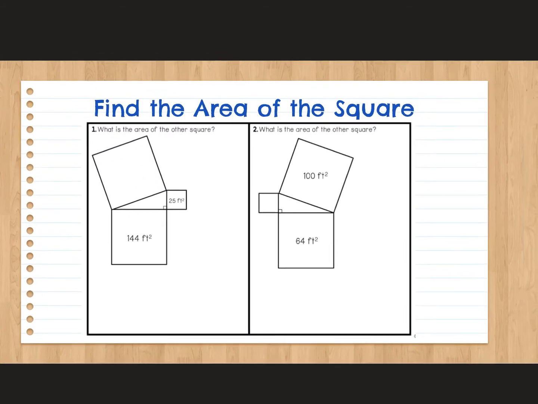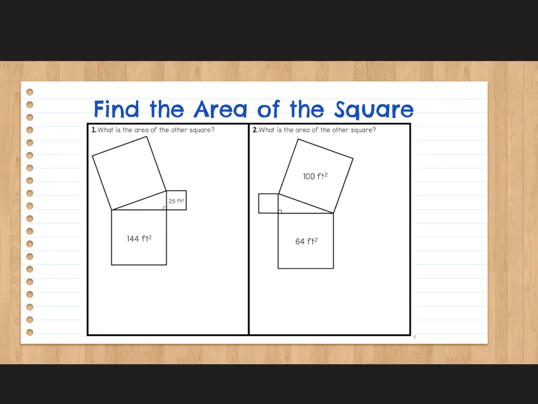So it says, find the area of the square, all right? If you think about it, we said that our legs, so I'll draw that again, our legs in red, whatever the lengths of those sides are, when we add the areas of the squares, we get the area of the diagonal square in blue, all right? So here for this first example, we can look here and see that we have a leg, all right?